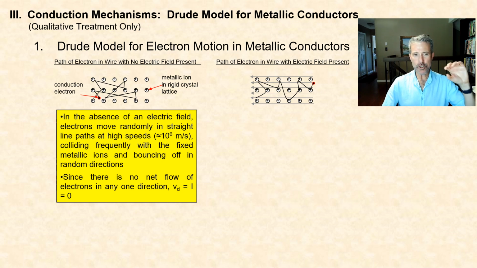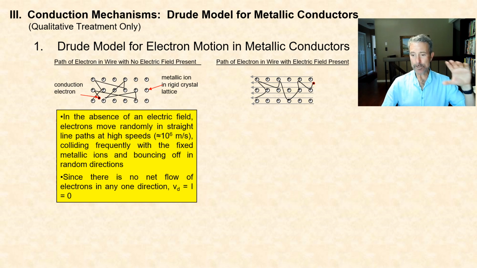Because the motion of those conduction electrons is random, there is no net motion in any preferential direction, in which case there really is no electron current. This is simply the random thermal motion, caused by the fact that these electrons are at a temperature above absolute zero, and the randomness happens because of the collisions they make with the metallic nuclei.